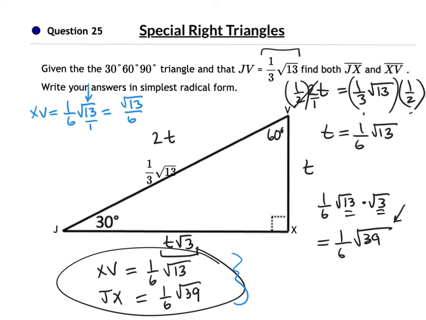In other words, remember that root 13 is really up top. And the same thing with JX, 1/6 root 39. That root 39 is over 1, and if you multiply straight across, it's root 39 over 6. So you may also enter in this way. WAMAP will not care.